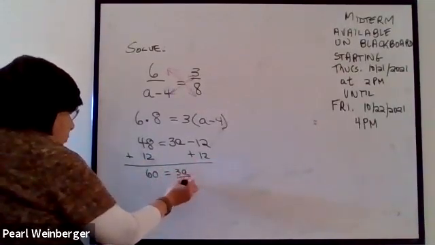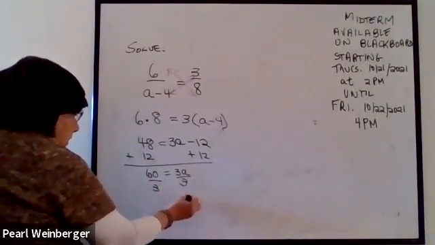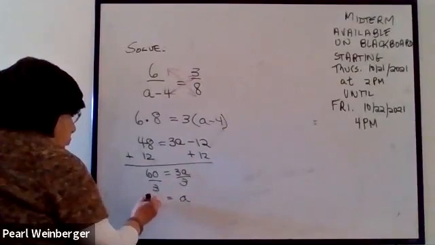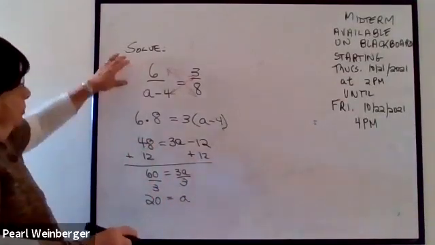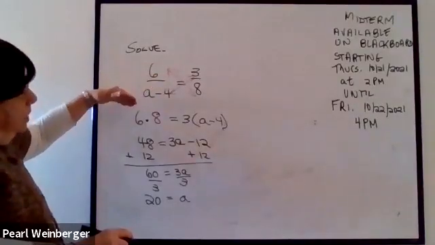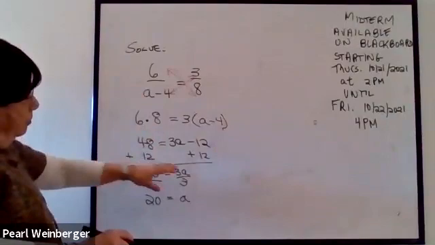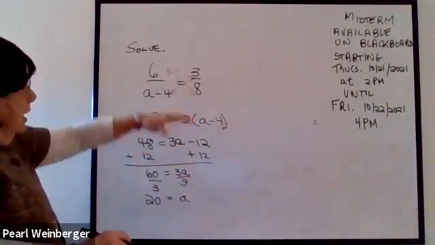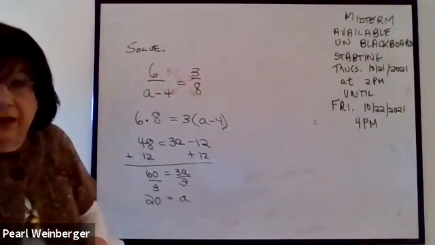And divide by 3. So it turns out that my a is equal to 20. The first step is to cross multiply, and that makes the whole equation much simpler to solve because we no longer have any fractions. Okay, let me give you one to try like this.